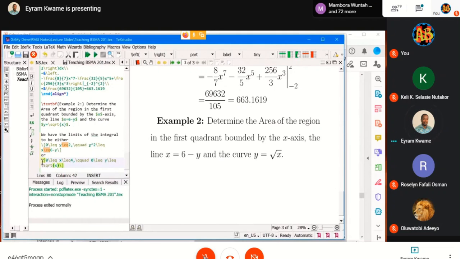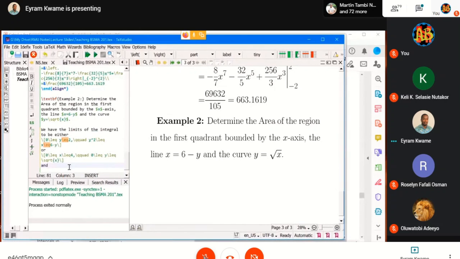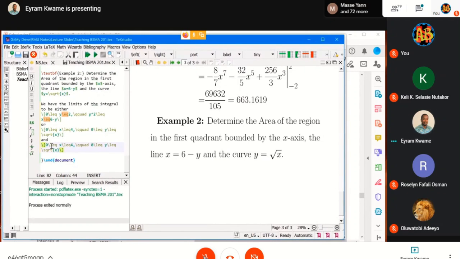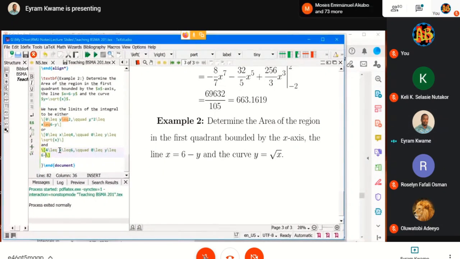Then copy this from 4 to 6. 4 to 6 and 0, but this time I'm going to make the line 6 minus x.